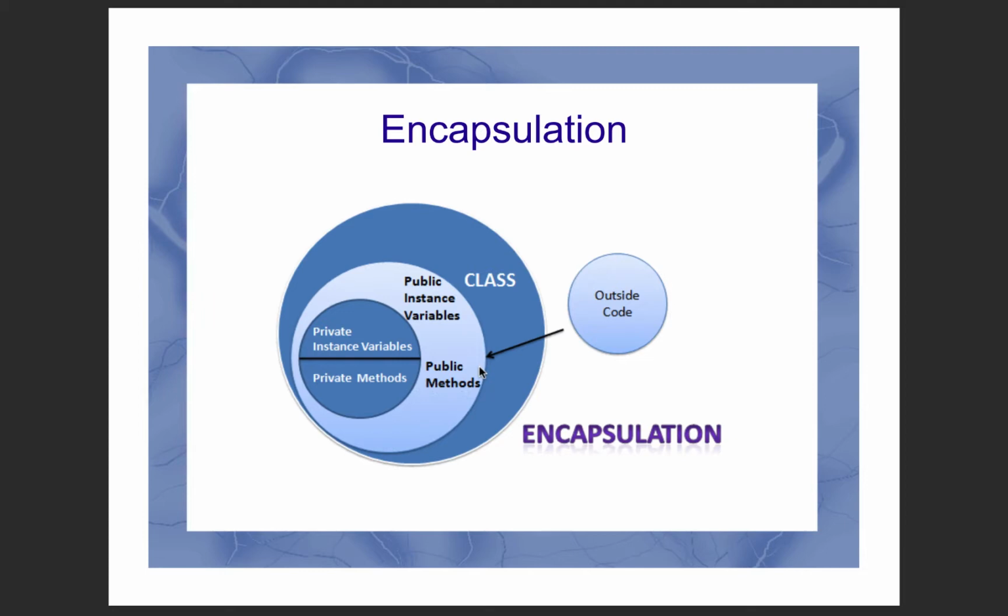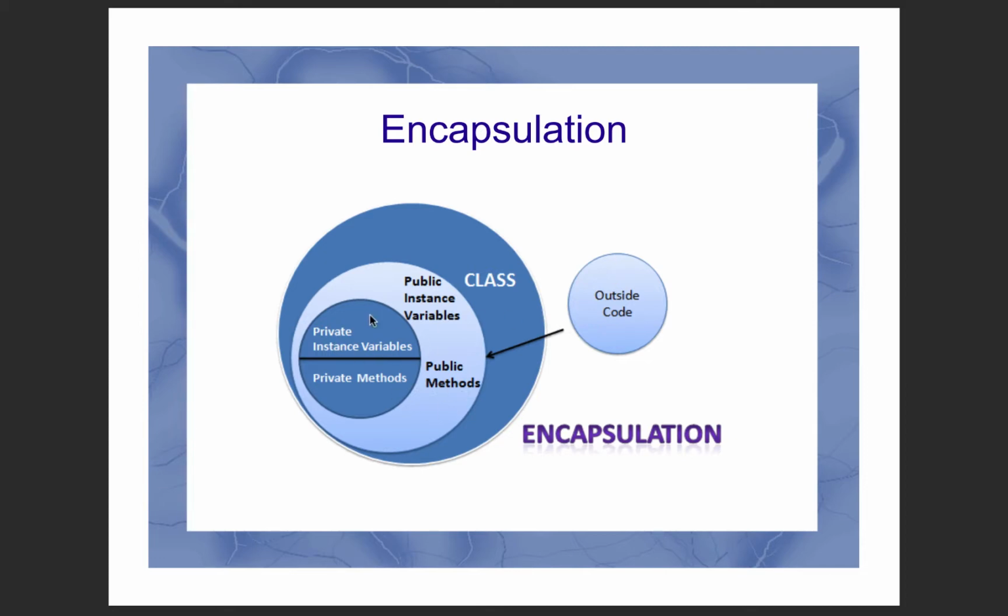In Java we have a class, and inside the class we can have some public variables and public methods, and we can also have some private methods and private variables. The private methods and private variables cannot be accessed or seen by anyone from outside of the class.